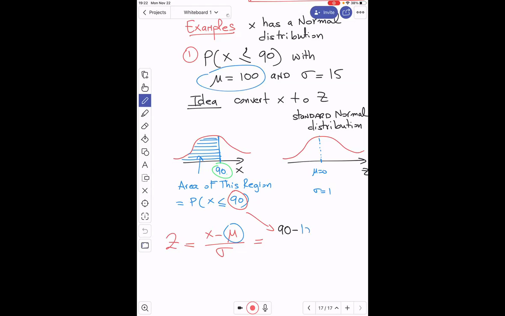So it's minus 100 over sigma. What's sigma? It's 15.